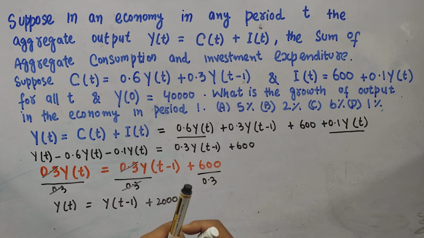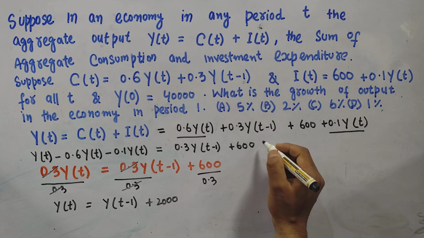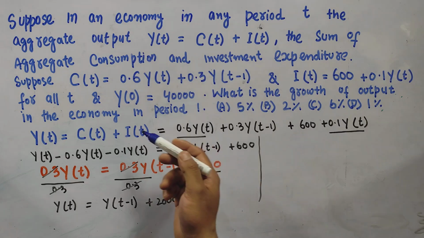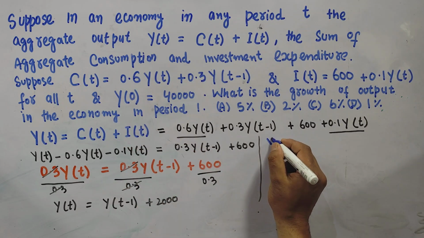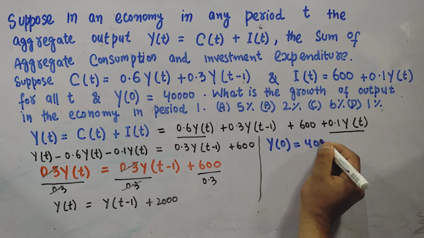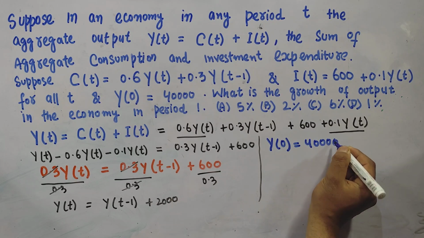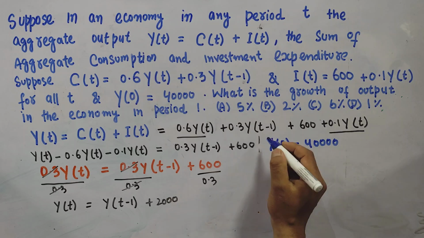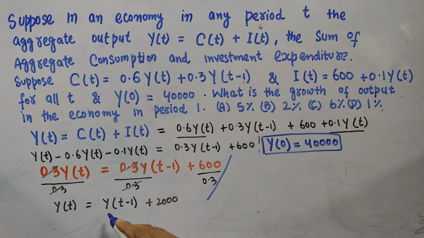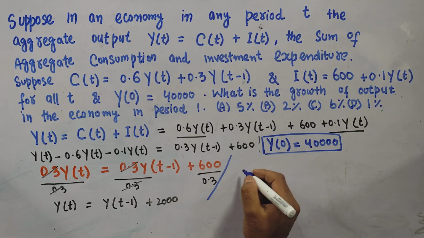Now we need to find out the output for time period 0 and 1. We are told in the given question that y naught, that is initial output in time period 0, is 40,000. So what will be the output in time period 1?